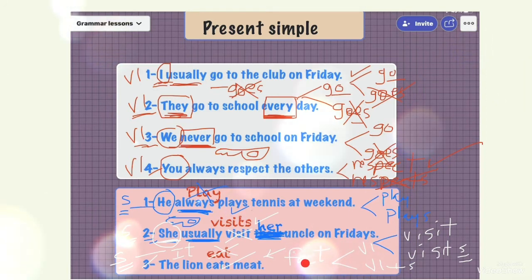When it is a fact, I have to choose V1 or V1 plus S. So I will choose eat or eats. I have the lion, and the lion is it. So it takes the verb with S. I will choose S. The lion eats meat.